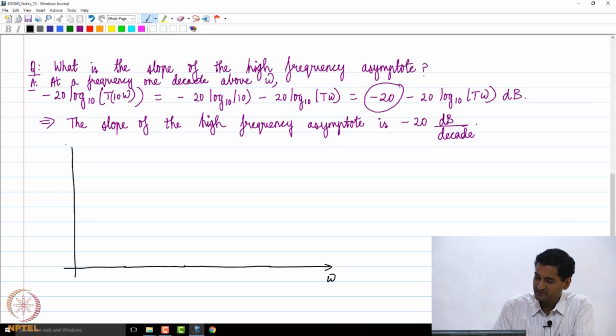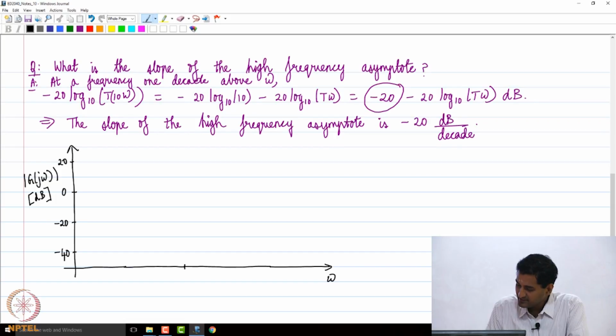Let us say this is omega, this is the magnitude of G of j omega in decibels. Let us say this I call 0, this minus 20, minus 40 and so on.